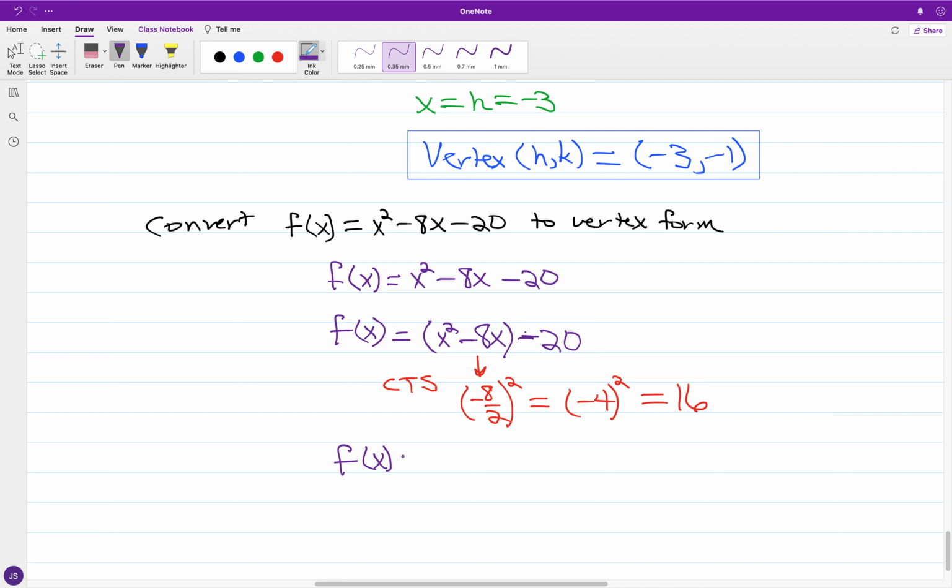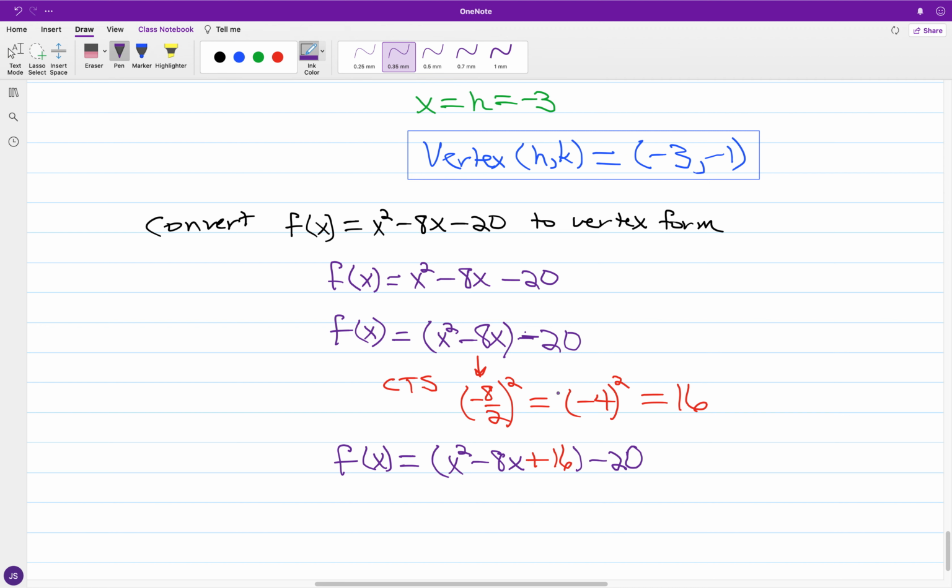So you're going to have here f of x is equal to the quantity x squared minus 8x, and 16 is going to be added. And let me mention, originally we have x squared minus 8x minus 20, but by adding 16 relative to the standard form, I'm creating a surplus of 16.